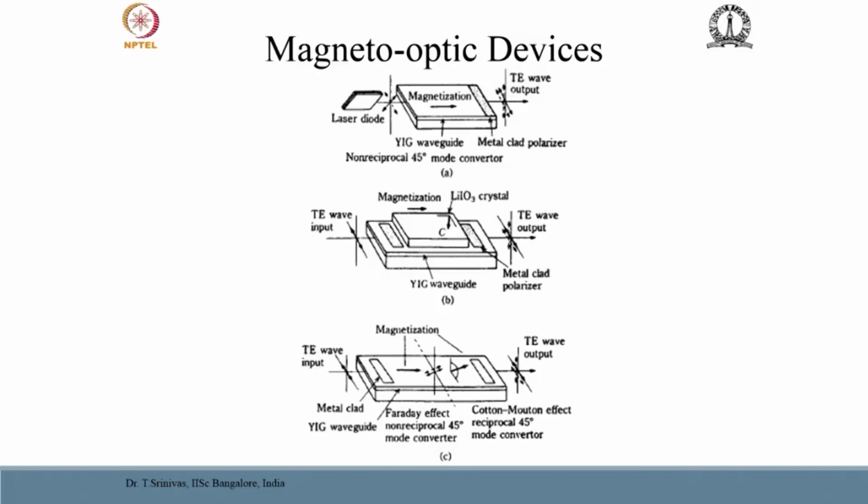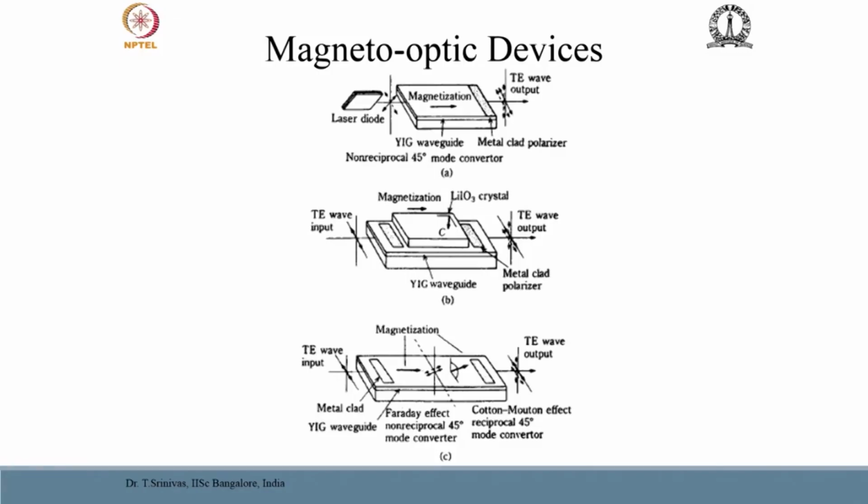So, the magneto-optic devices are effectively based on the magnetic properties of the material, magneto-optical properties. You can create a refractive index change or other changes in the anisotropy of the materials by using the magnetic effects. Typically we need magnetic materials like garnets, like yttrium aluminum garnet, yttrium iron garnet and so on, and you can have special electrodes to magnetize the material and create magnetic effects on that.